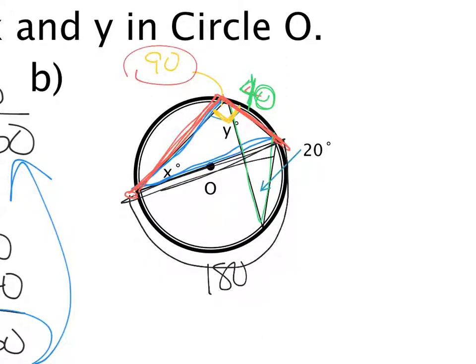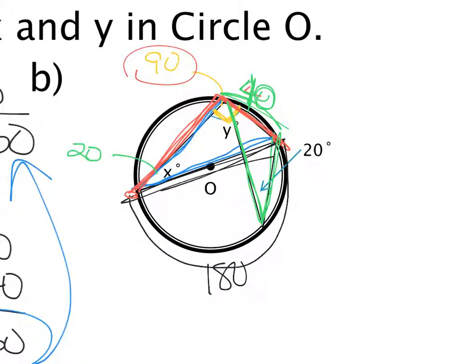Okay, then for the x, since we found the intercepted arc of this 20-degree angle, this green one, notice the intercepted arc is the same for angle x. It's still this 40 degrees. So angle x is going to be half of 40, and it's going to be 20.